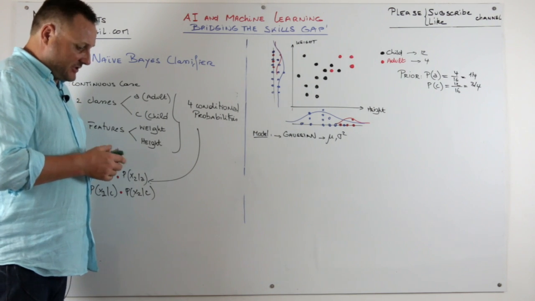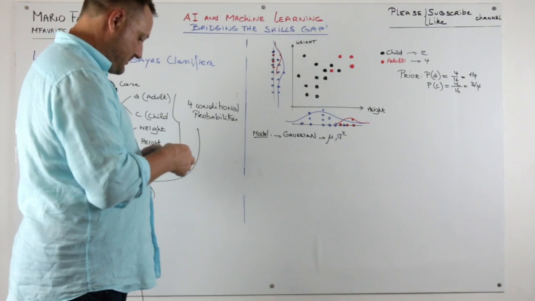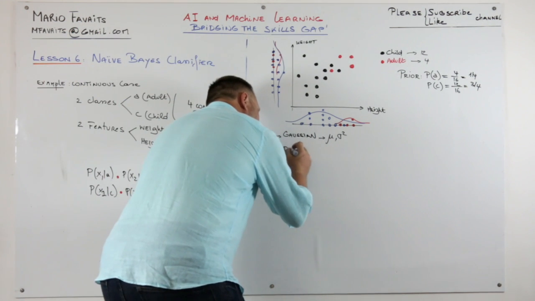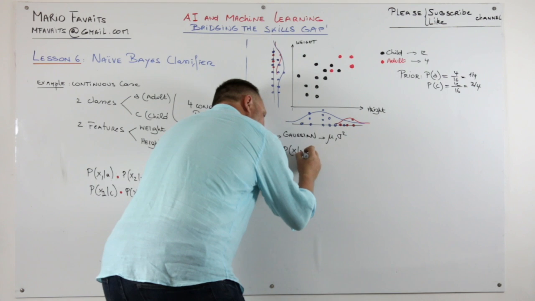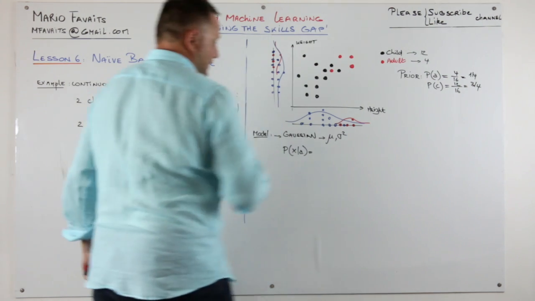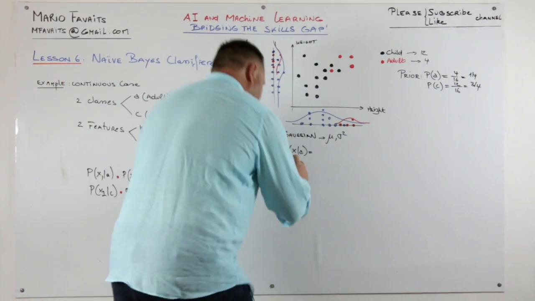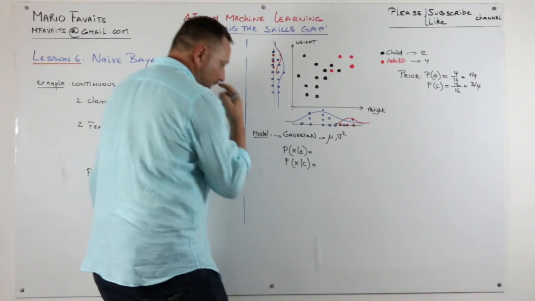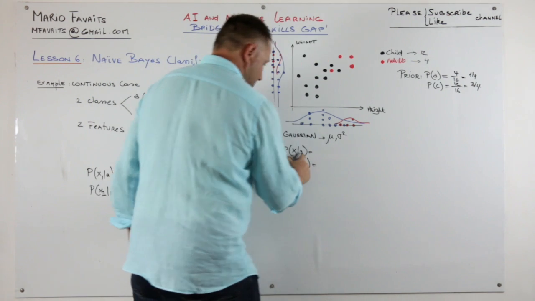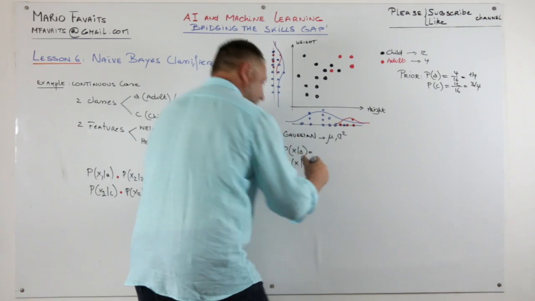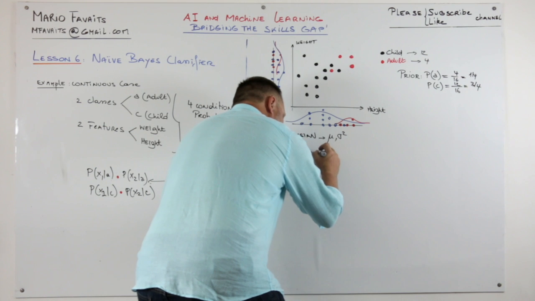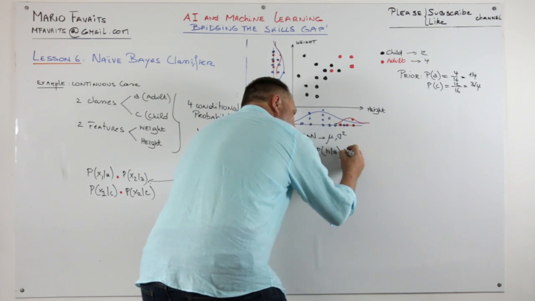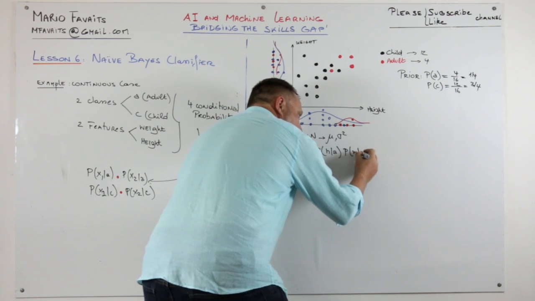And the Gaussian distributions are going to allow us to calculate the probability of an adult given X as well as the probability of a child given X. Probability of X given an adult, it's the probability of height given an adult times the probability of weight given an adult.